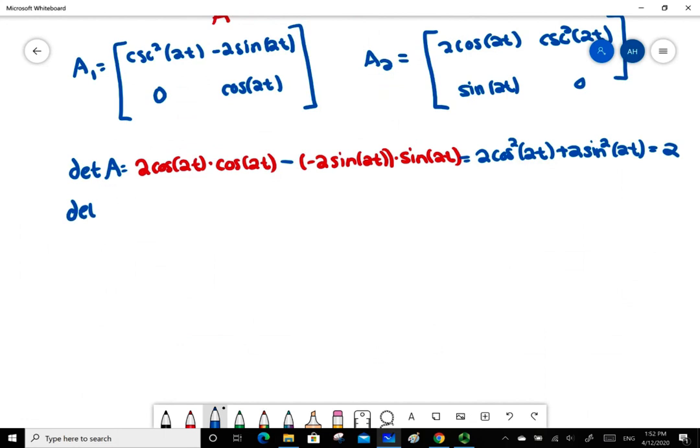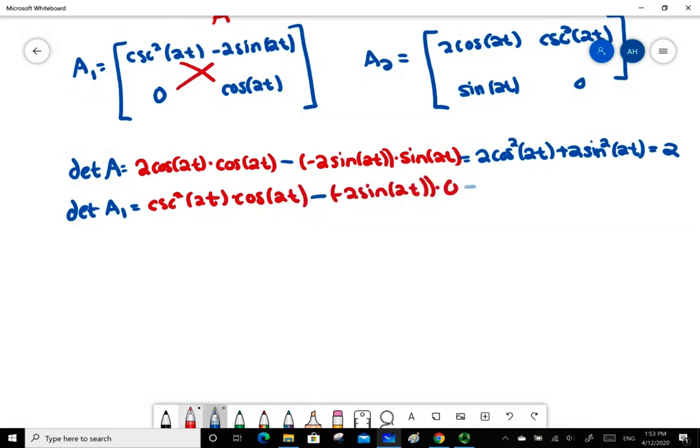The determinant of A1 is csc²(2t) cos(2t) minus -2 sin(2t) times 0, which equals csc²(2t) cos(2t).